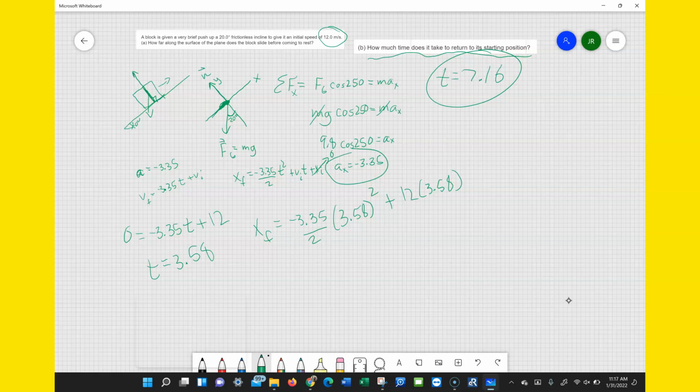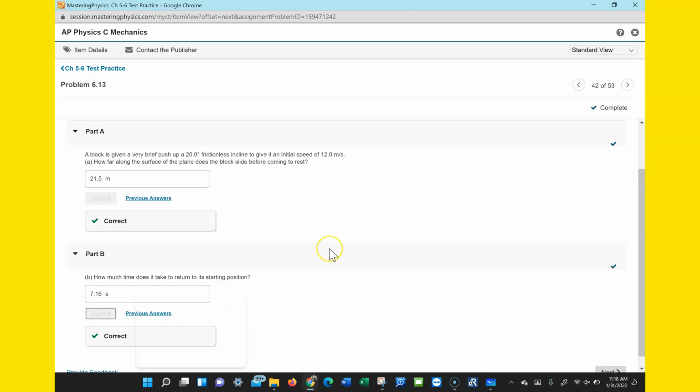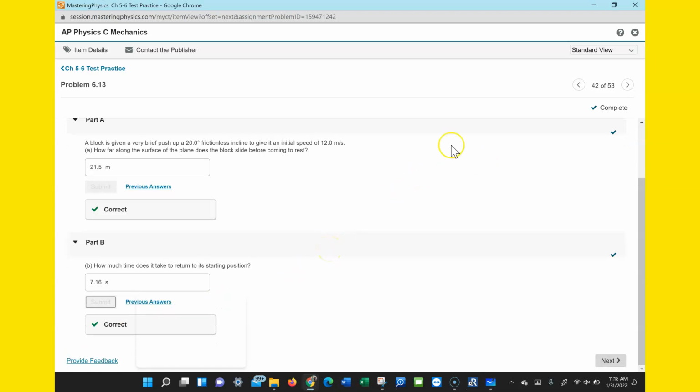All right, negative 3.35 over 2 times 3.58 squared plus 12 times 3.58. I get 21.49 to be the answer to part A. And those are the correct answers. All right, good luck on those problems.